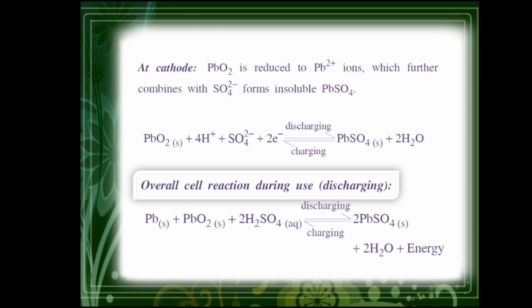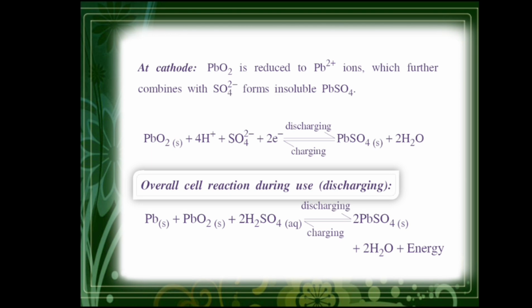At the cathode, lead oxide is reduced to lead 2 plus ions, which further combine with sulfate ions to form insoluble lead sulfate. Here is the reaction: PbO2 plus 4H plus SO4 2 minus plus 2 electrons gives PbSO4 plus 2H2O.